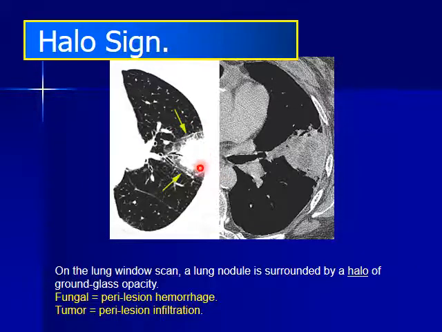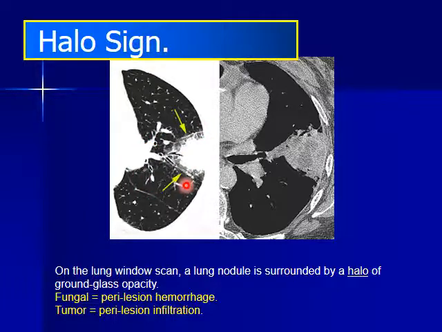The reverse: if you see a solid lesion or consolidation surrounded by a rim or a halo of ground glass attenuation, this is called halo sign. The previous one, the atoll sign, can also be called reversed halo sign.